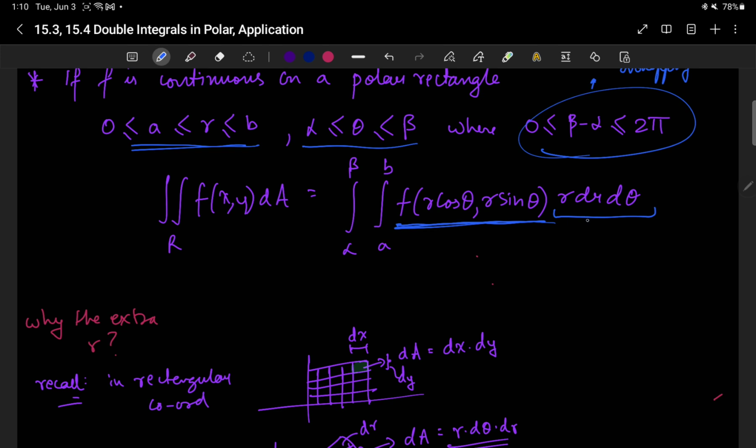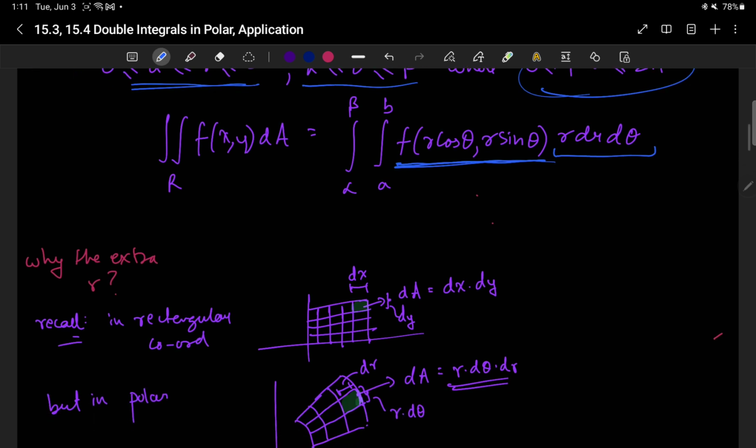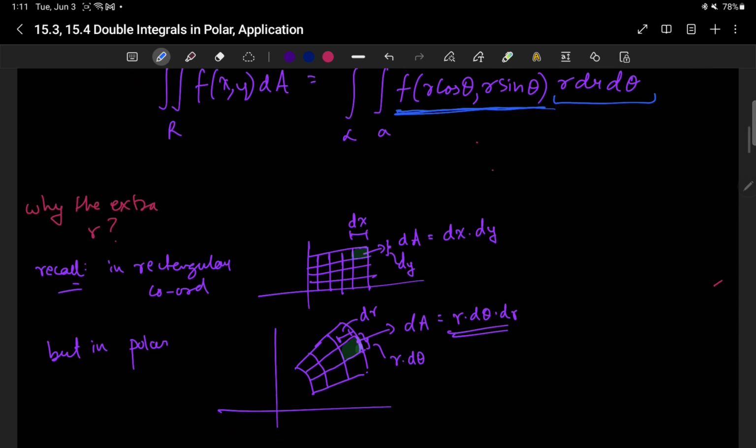We usually had dx dy, but here we don't have only dr d theta, we have r dr d theta. Why the extra r? In rectangular coordinates, this is how it was working. Whereas in polar coordinates, when you look at the area of this thing, the area is given by r. So you have dr, which is the change in length here, and this is your change in theta.